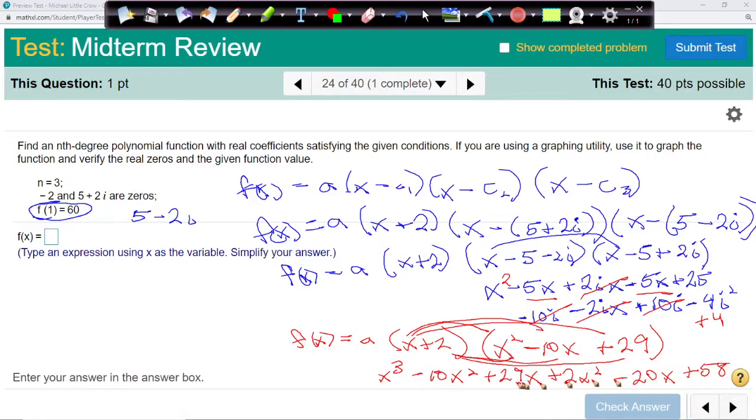Running out of room here, but that's okay. And then this is all times a. And let's see, do we have any like terms? We do.